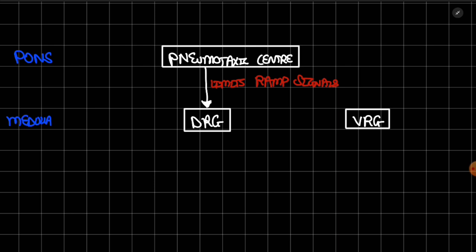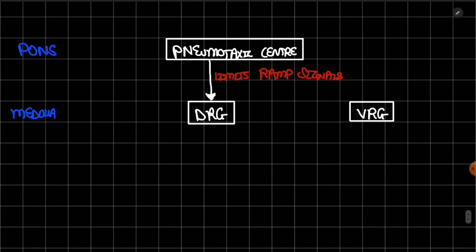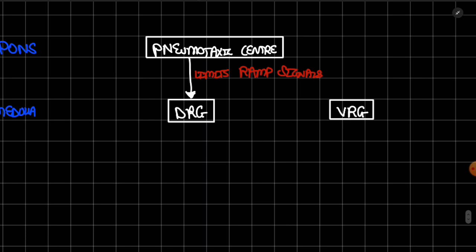It is not a specific quantity of impulse going to the diaphragm. So these are the RAMP signals, which increase not with a burst but with time.